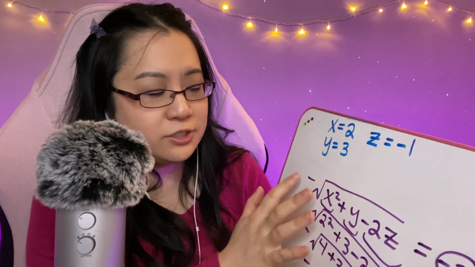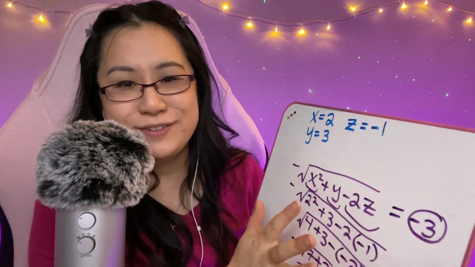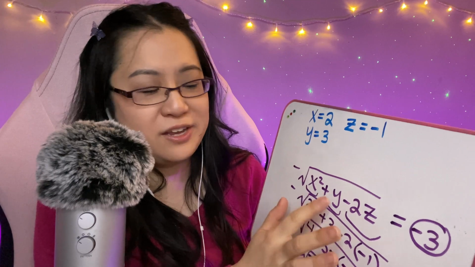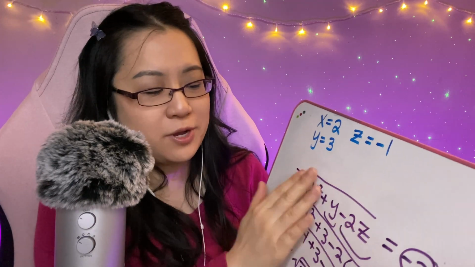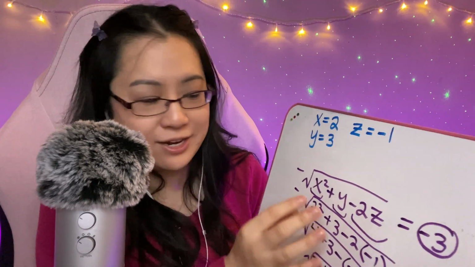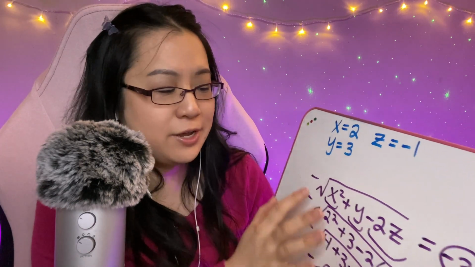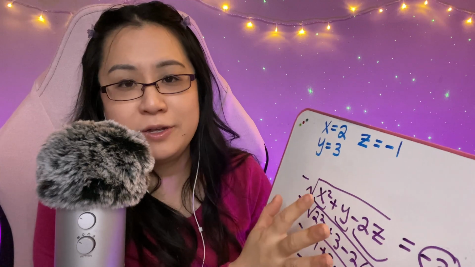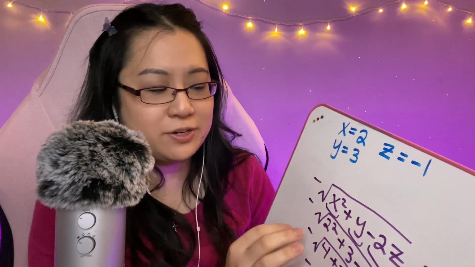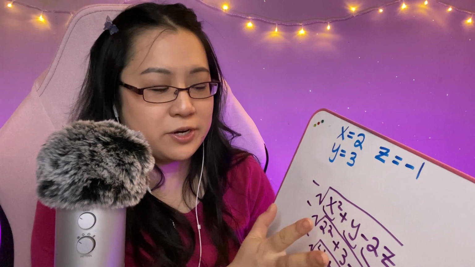So it's just a negative square root of stuff, where stuff happens to be this thing squared plus this thing minus 2, this thing. So that's why you simplify this inner part first, and then you take the square root of all of that, and then you put the negative in front. So it's like a negative square root parent function is the word I'm getting at. Or in this case, the parent function is like something squared. So it's x squared in this case, or negative 2z, that kind of thing.